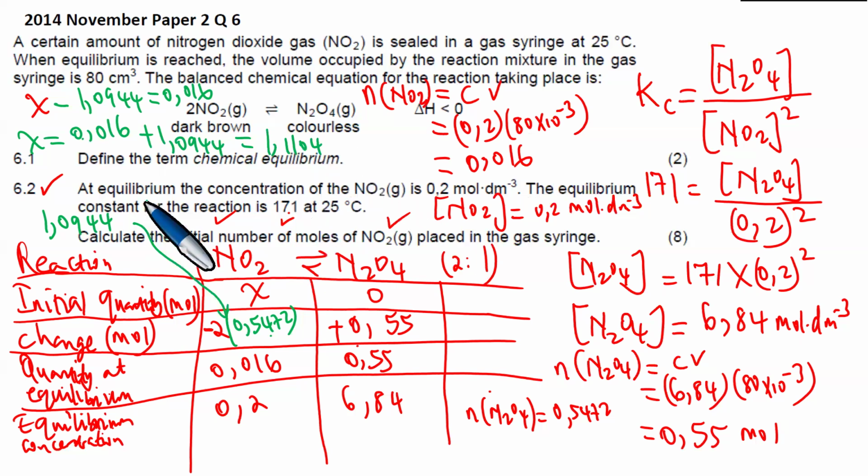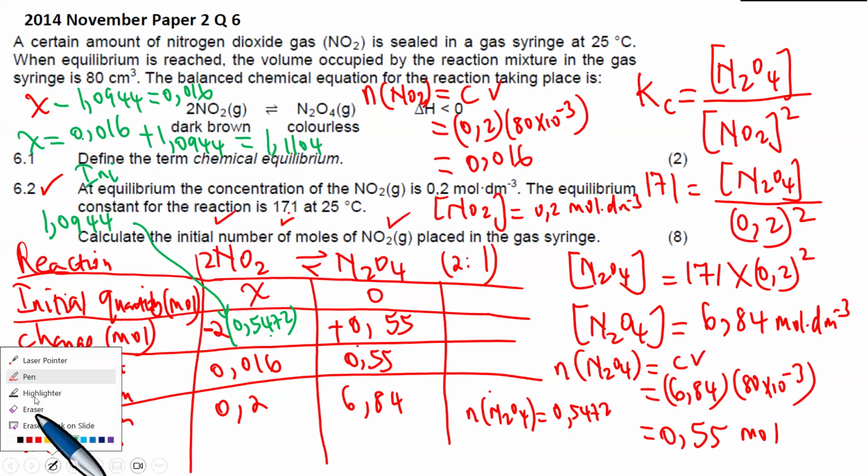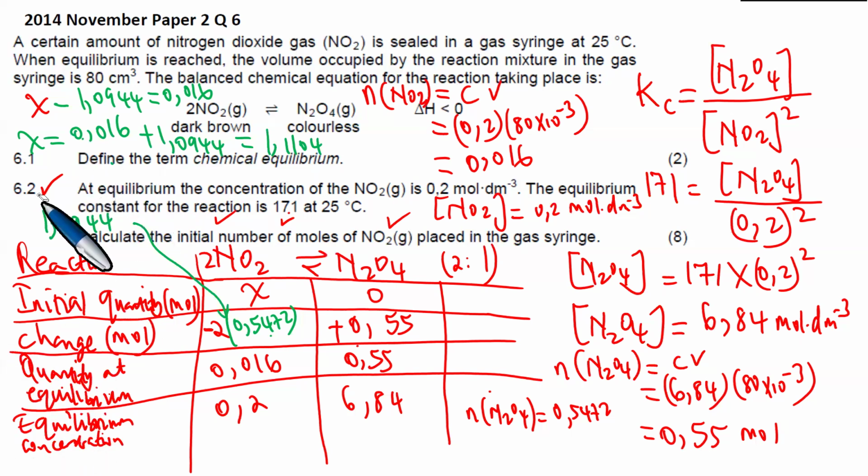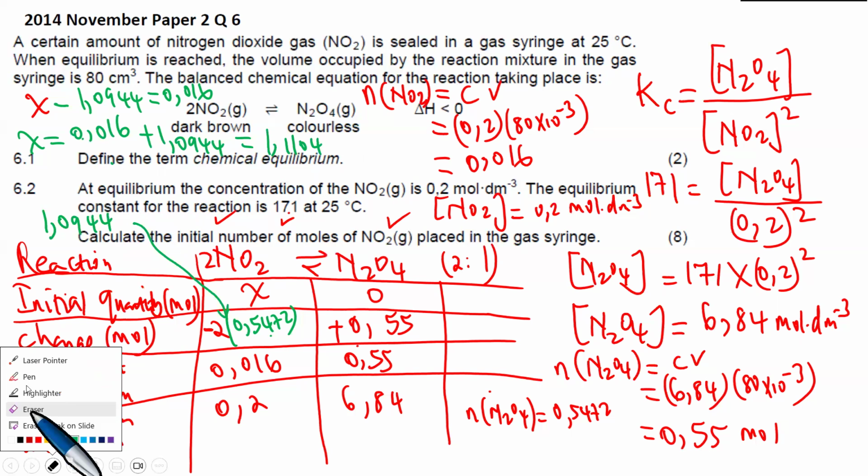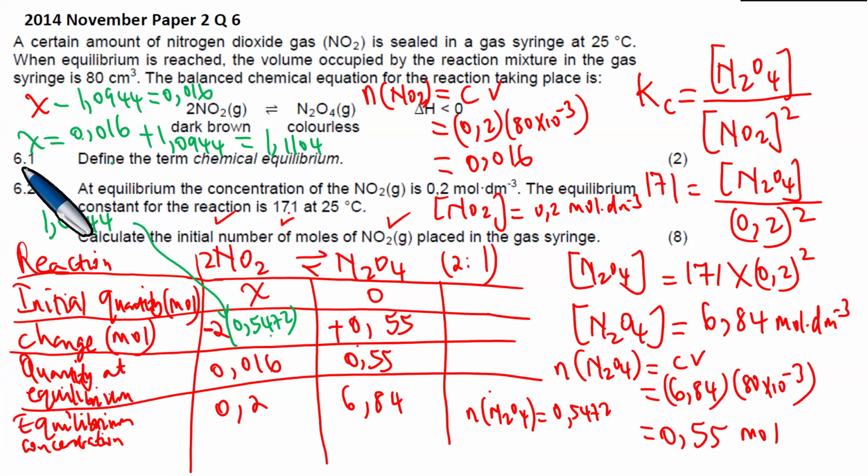And then now we can come here and say, Mr. Examiner, what do we want? We want the initial. Let's start a little bit from the margin and write a bit more. We need the initial number of moles of NO2 gas.